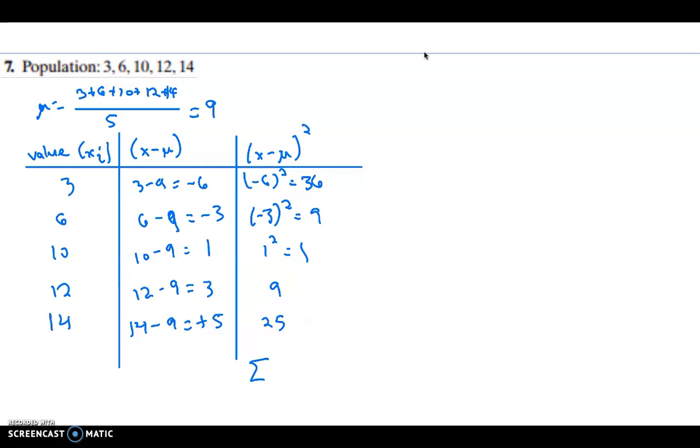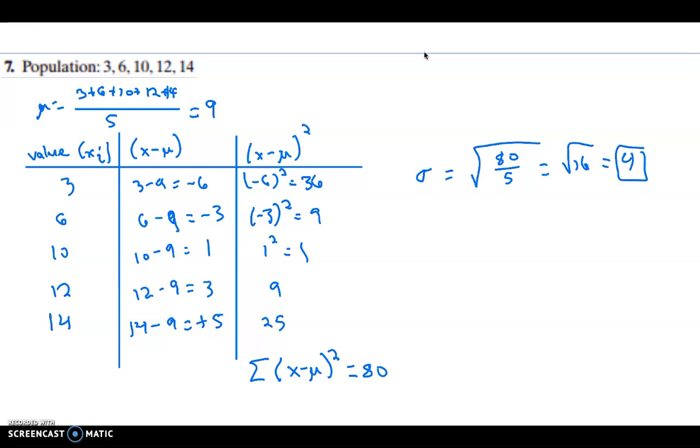So the sum of the deviations squared here is 80 when I add all those up. Then the population standard deviation is the square root of 80 over 5. 80 divided by 5 is 16, so it'll be the square root of 16, or 4. So sigma, the standard deviation, is 4. The variance, just as a note, would be 4 squared, which is 16.